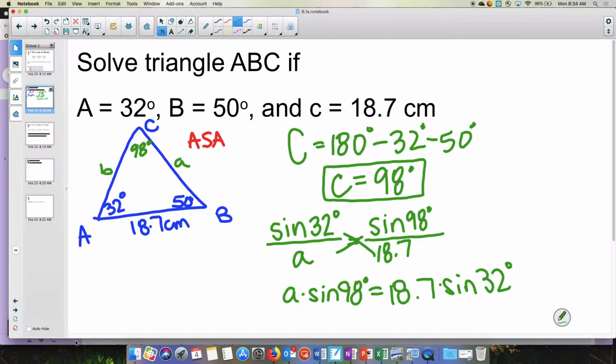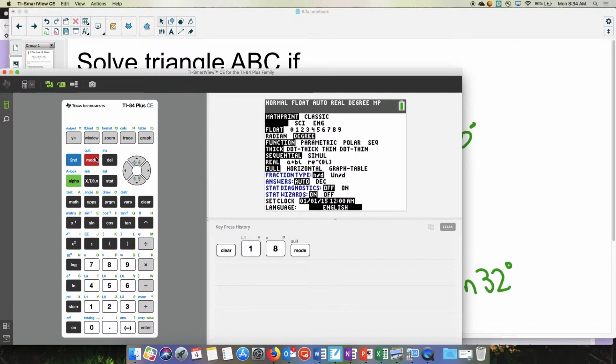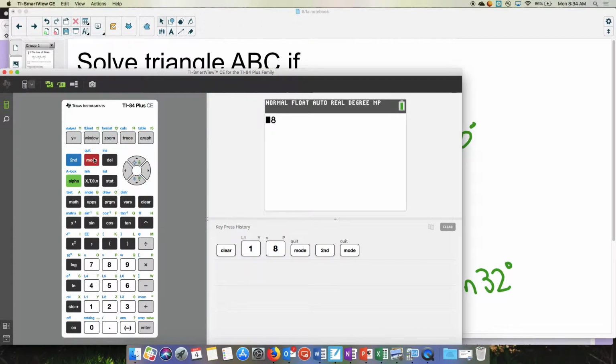So in your calculator that is in degree mode, you would need to type in the 18.7. Oh, I guess I should check that my calculator is in degree mode. 18.7 times, what did we say? Sine of 32. Everyone look at my calculator. If you're going to type this in all at once, do you see how when I press the sine button, it opens a parenthesis? You better close it before you ask it to divide by, what are you dividing by? Sine of 98.